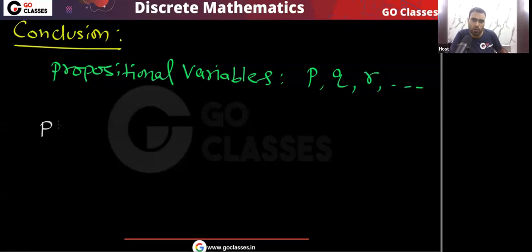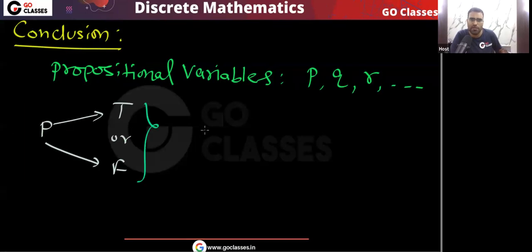Then remember, every propositional variable is either true or false, but not both. For example, this variable Q is also either true or false, but not both.